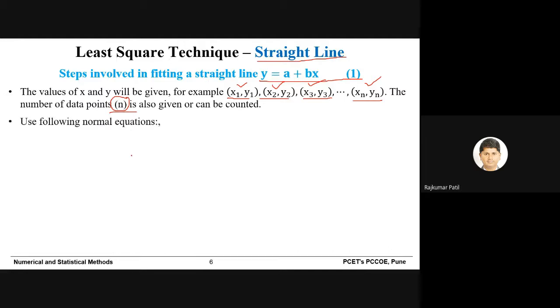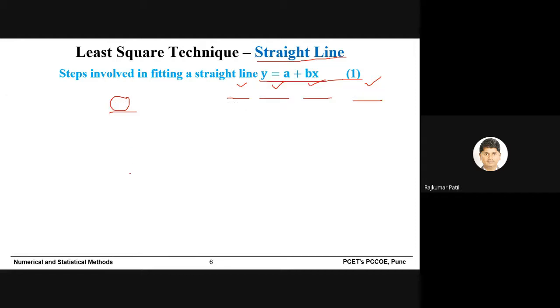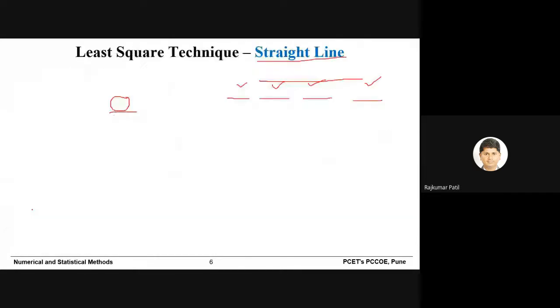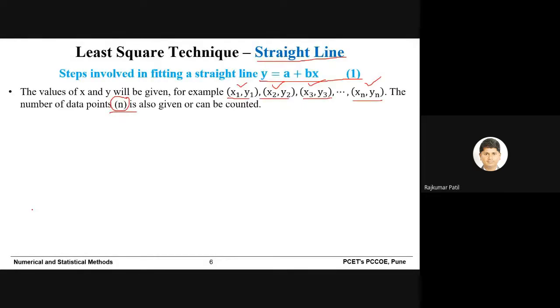After that, you need to use the normal equations. In the previous slide, we saw the equation for the total error E. Based on this, there is a long derivation, and after that derivation we can derive some normal equations. I will not go through the derivation, but we will see the outcome.